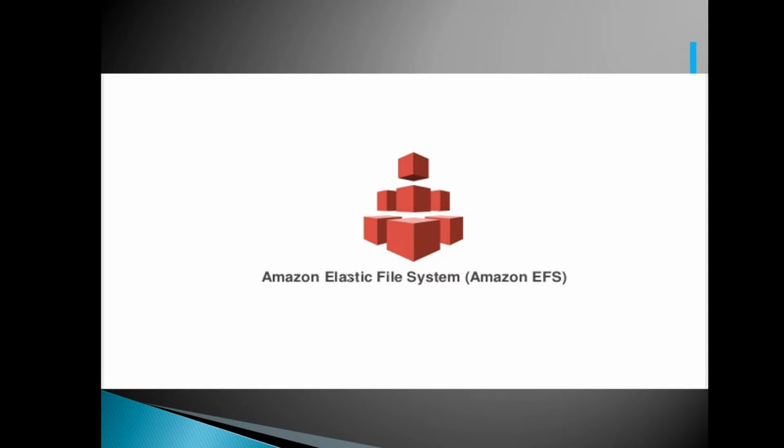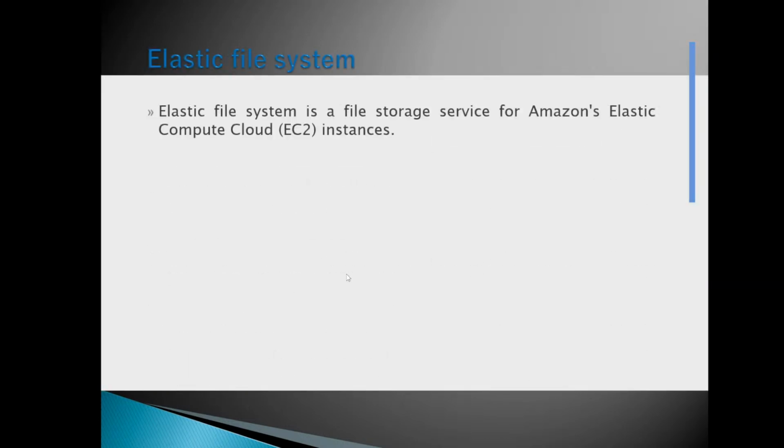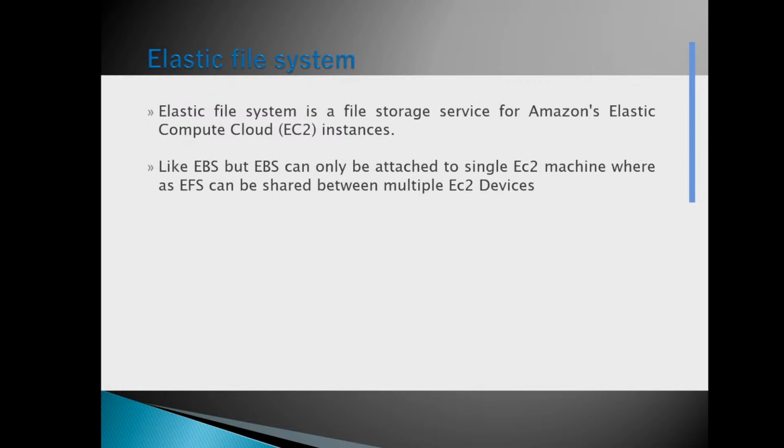So Elastic File System is a file storage service for EC2 machines in the cloud, like EBS, but EBS can only be attached to a single EC2 machine, whereas EFS can be shared with multiple EC2 machines or multiple devices.